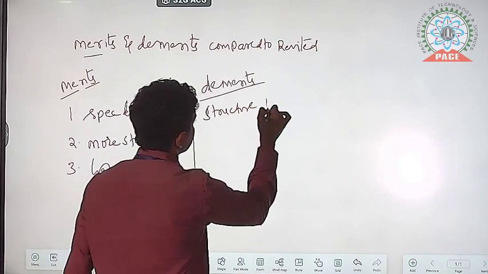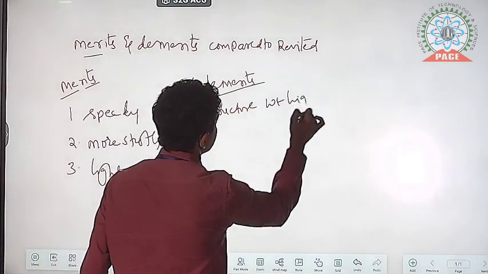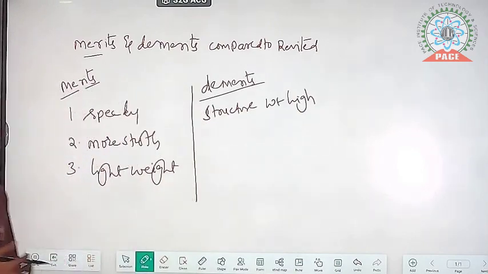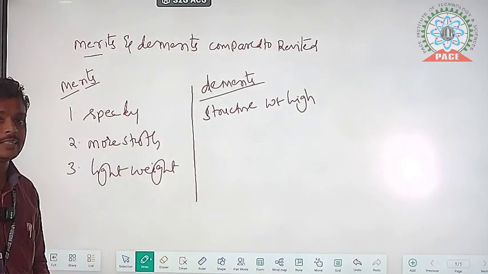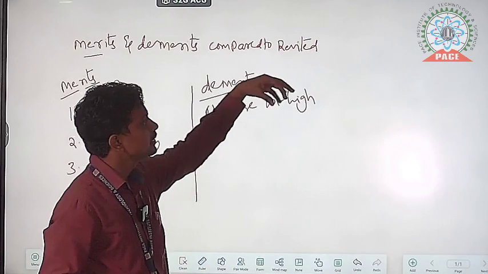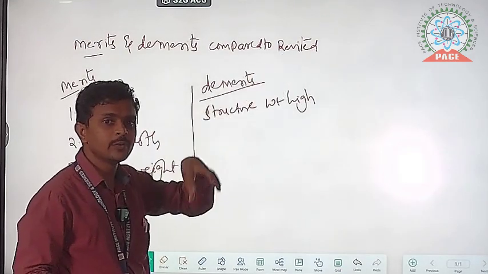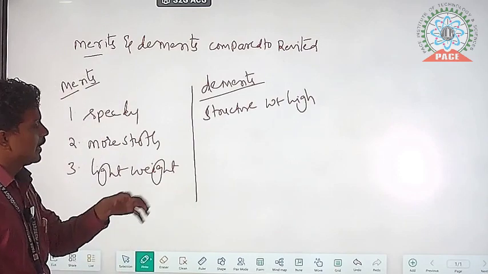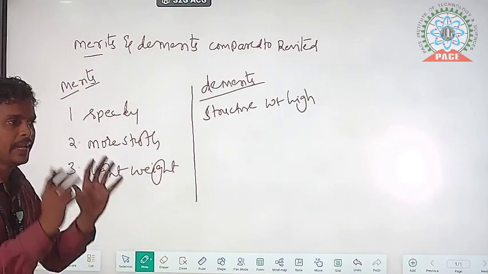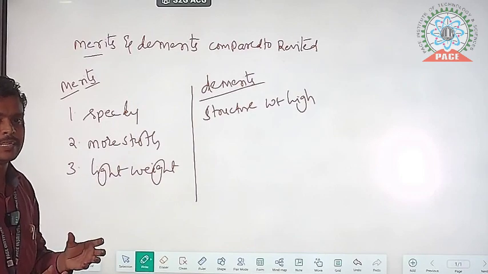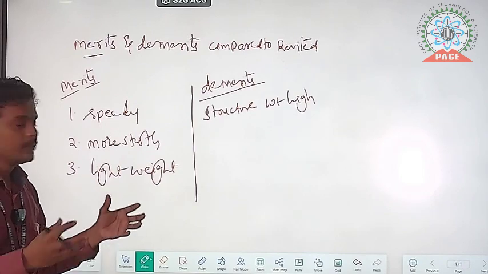If you use bolts, we again need bolts and nuts. Our structure already has some weight. If we use riveting metals and bolting metals again, the weight may increase. That is one of the main problems, and that is one demerit. And the second thing is inspection problems.